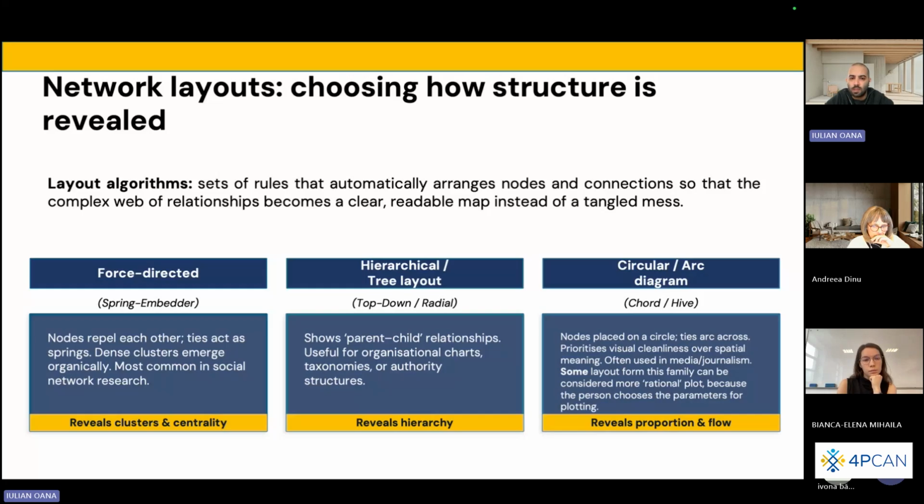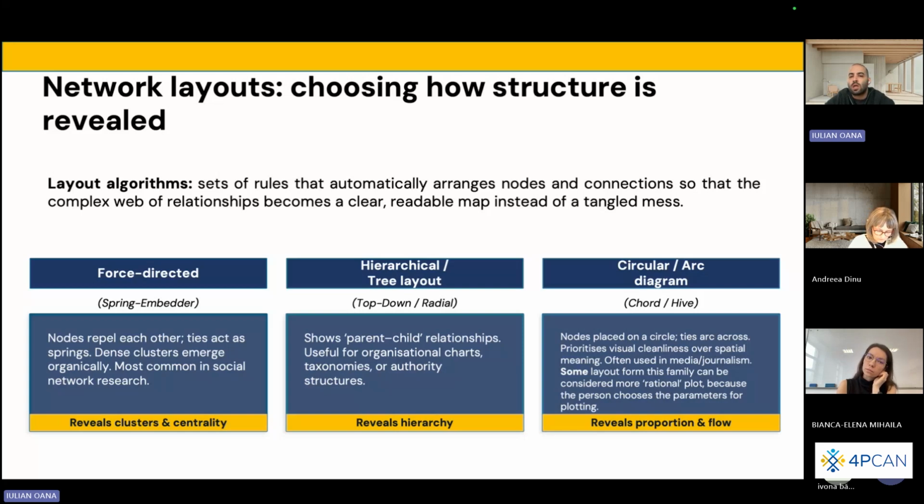The second one is the top-down hierarchical tree layouts. Here we talk about parent-child relationships, like organizational charts and authority structures.